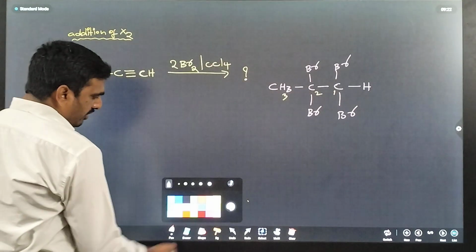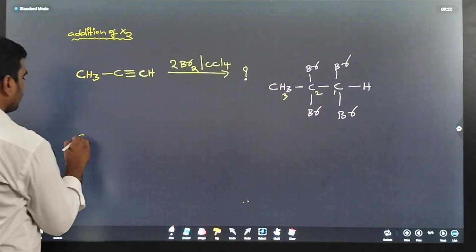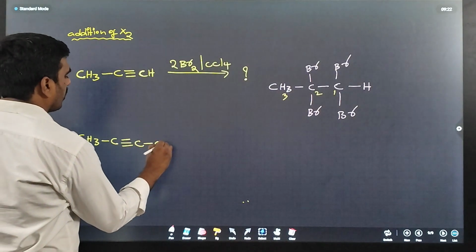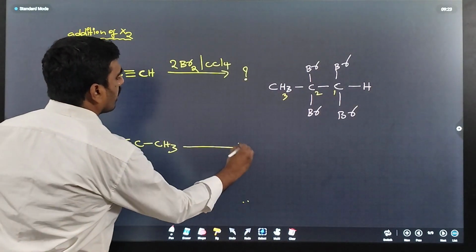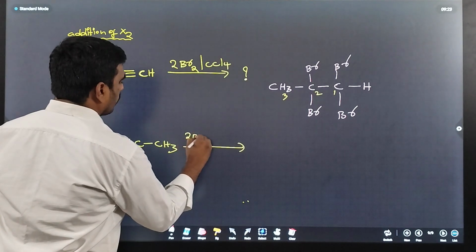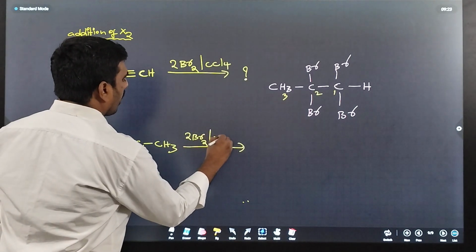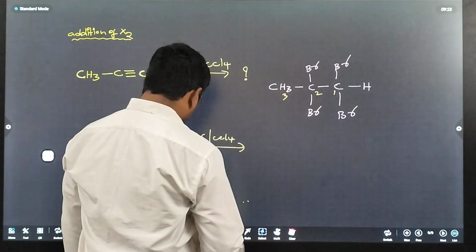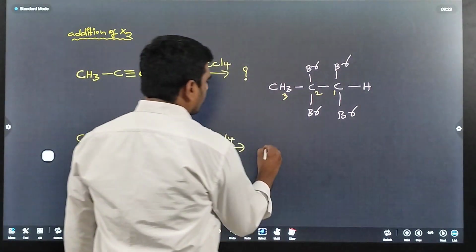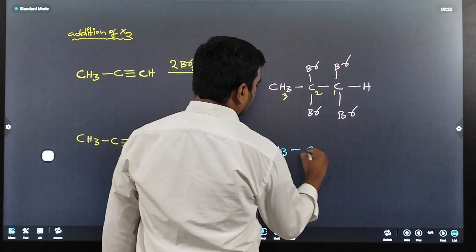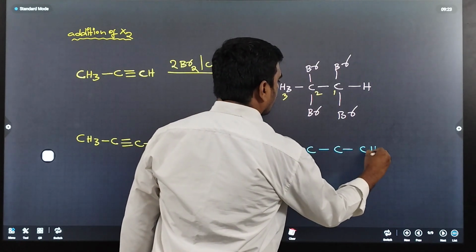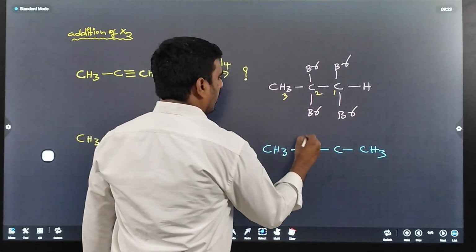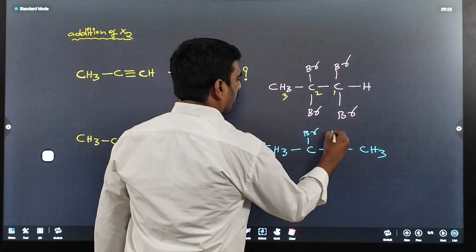So I can take one more example. CH3 C triple bond CH3. So here also 2 Br2 and CCl4. First the bond breaks, Br.